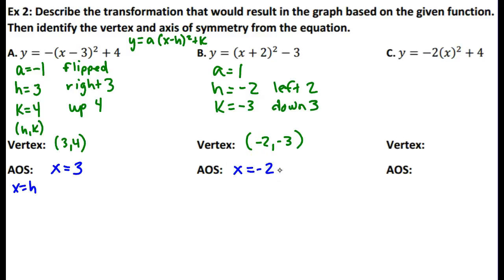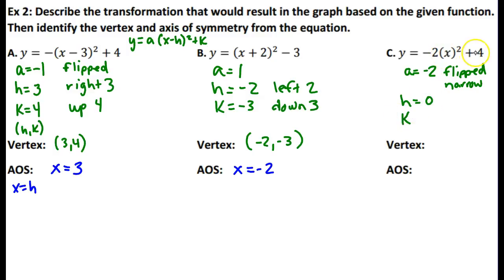In C, my a value is -2. So that means that not only is the graph going to be flipped, but the graph is also going to get narrower. Okay, my h value, well, there is nothing in the parentheses with x, so my h is 0.